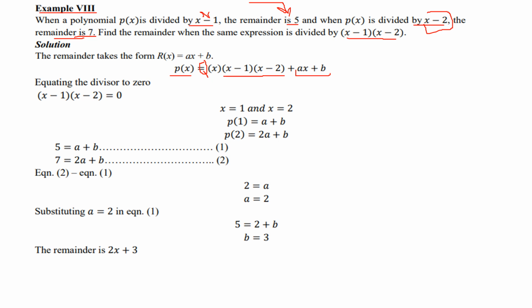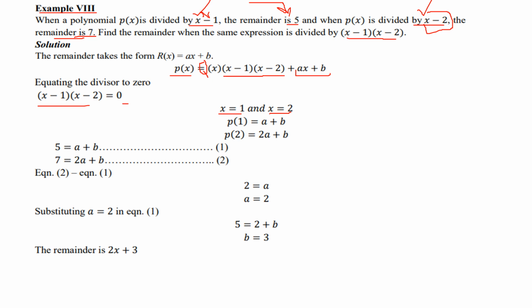So you always equate your divisor to 0 and you get alternative values of x. So you're going to have x equals 1 or x equals 2. Now remember that x equals 1 is what this factor represents and x equals 2 is what this factor represents. So we started by interpreting those two components.